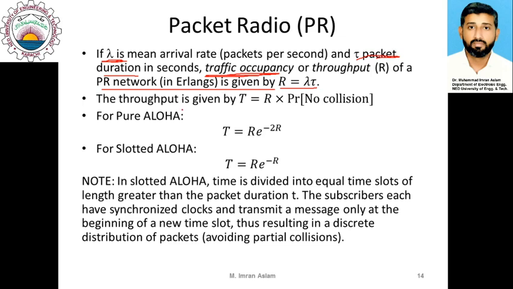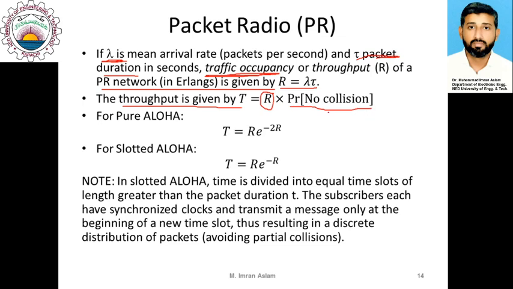When we talk about the throughput, which gives the successful transmissions, this throughput is defined as the traffic occupancy R multiplied by the probability that there is no collision, because a successful transmission would only occur whenever we do not have any collision during the transmission.